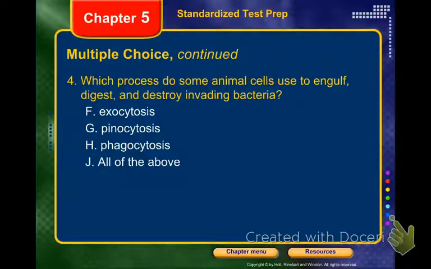If 2 of the answers are correct, and the third one you're not sure of, but your fourth option is all of the above, if there are 2 that you absolutely know are correct, you have to choose all of the above, even though you're not sure about the other one. So if it had said endocytosis, cell eating, phagocytosis, and all of the above, then you have to choose endocytosis. I'm sorry, all of the above, because endocytosis is correct. It's not incorrect.